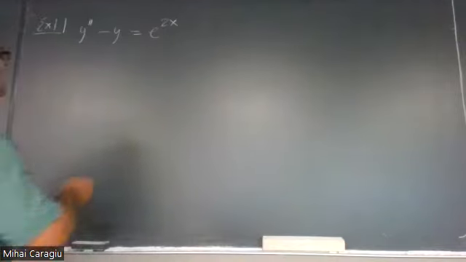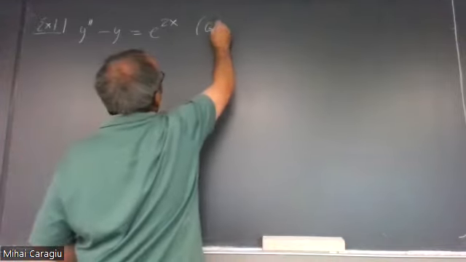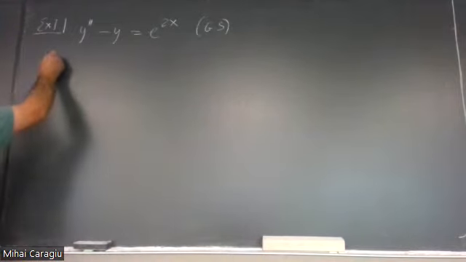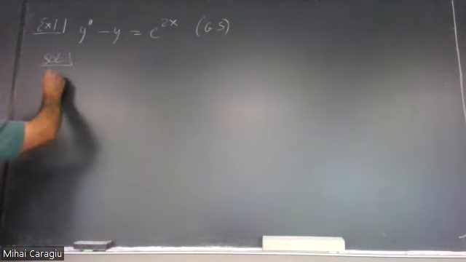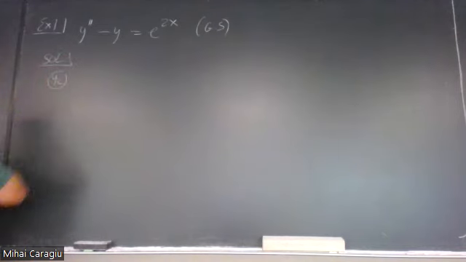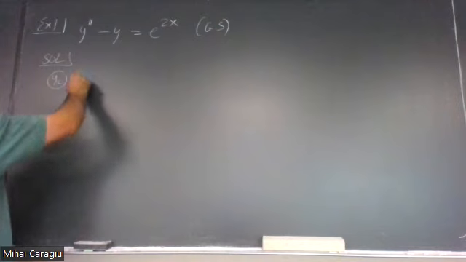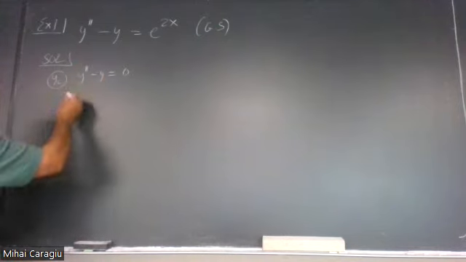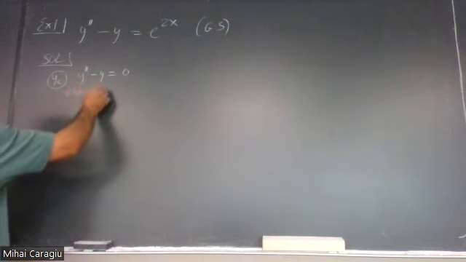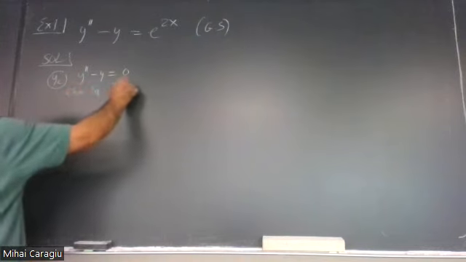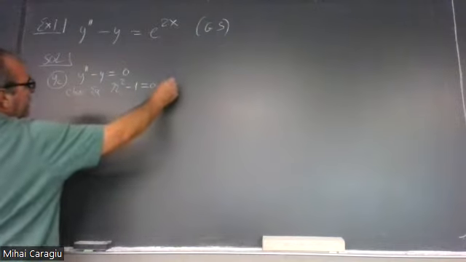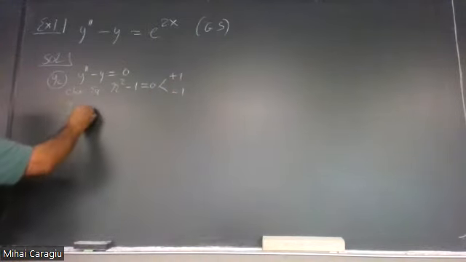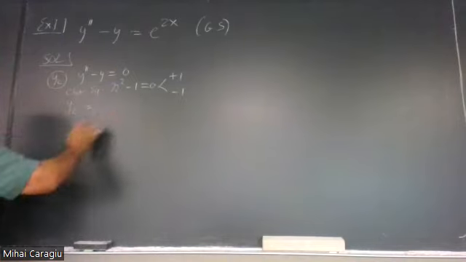Okay. So how to find the general solution here? By undetermined coefficients. So first of all, y sub c is the general solution of y'' - y = 0. As before, the characteristic equation is r^2 - 1 = 0.